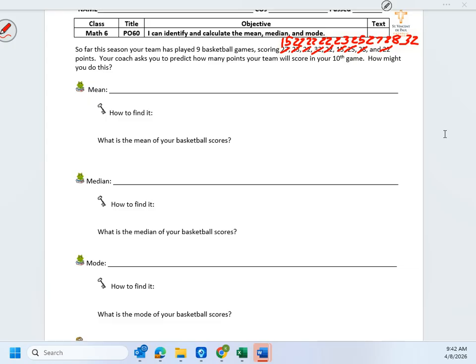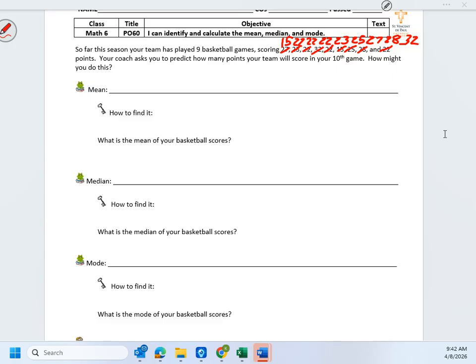What might be another thing that we might use, Matt? You add them all up and then you divide by how many there are. Yeah, if I add them all up and I divide, so there are 1, 2, 3, 4, 5, 6, 7, 8, 9 games they played. I have 9 scores. I add up all 9 scores and I divide by 9.